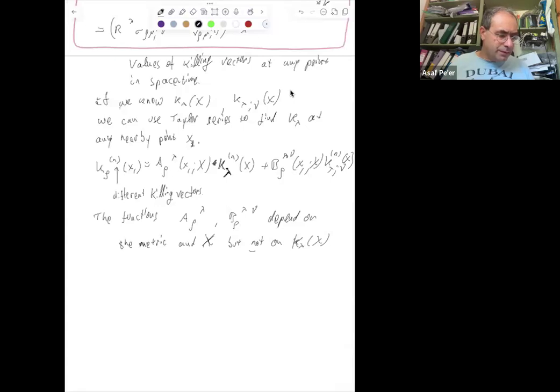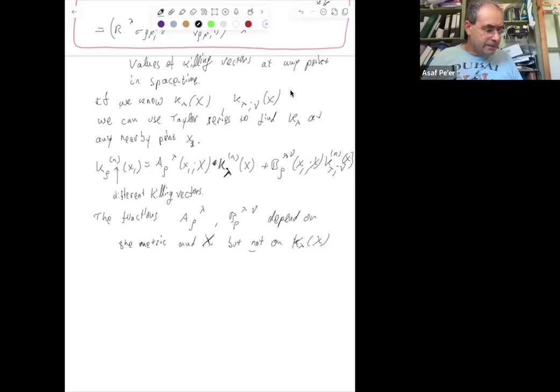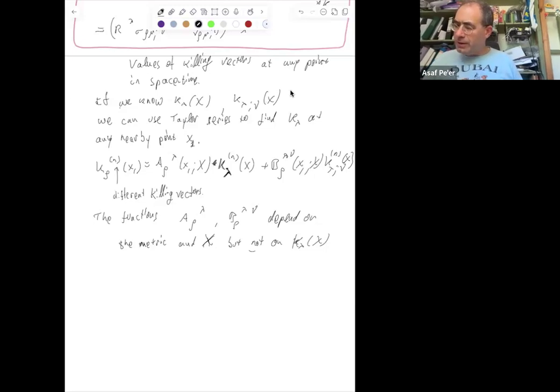Now, we said these functions depend on the metric and on x. They don't depend on the k nu or the derivative k lambda nu.